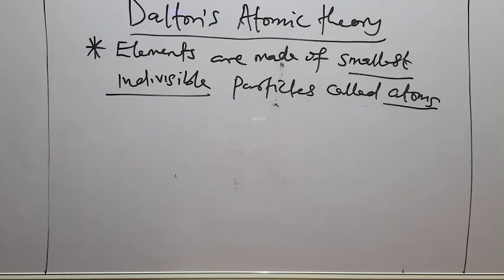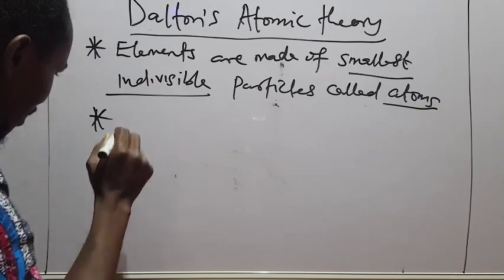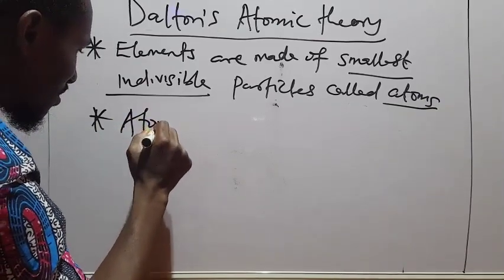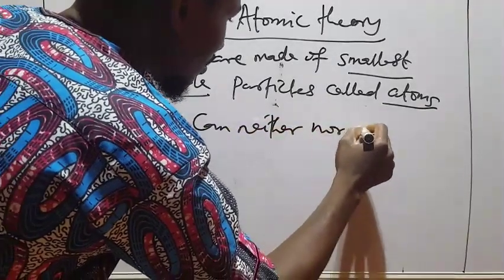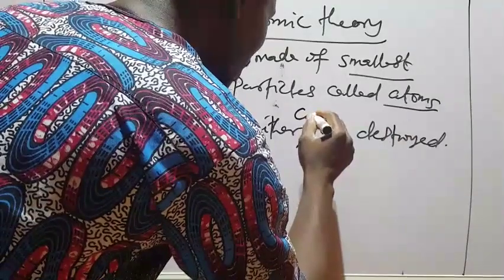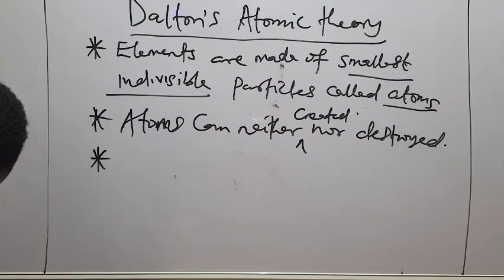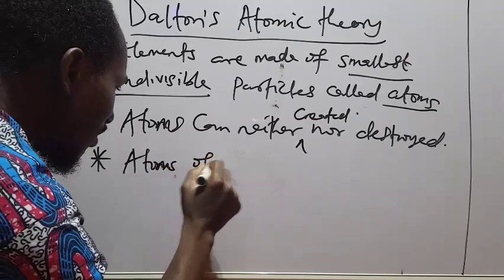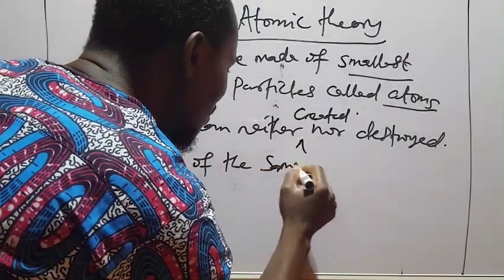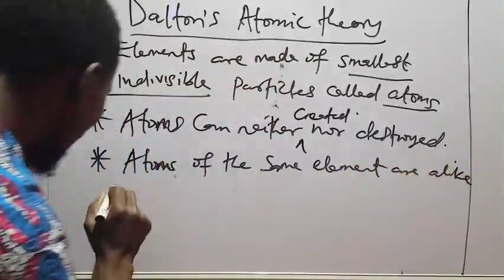This theory has a flaw, as we are going to see in the modern atomic theory. But let's quickly look at Dalton's atomic theory, then we'll go to the modern atomic theory. The second theory says atoms can neither be created nor destroyed. This theory also comes with its own flaw. Then the third theory states atoms of the same element are alike in every aspect.